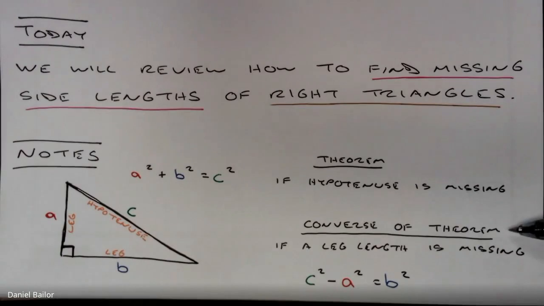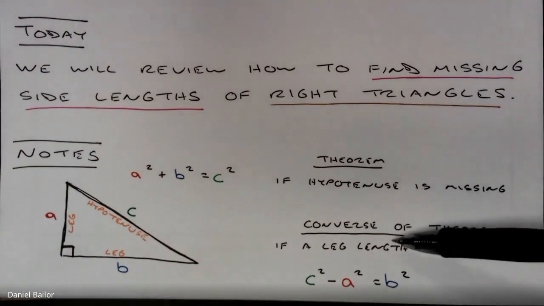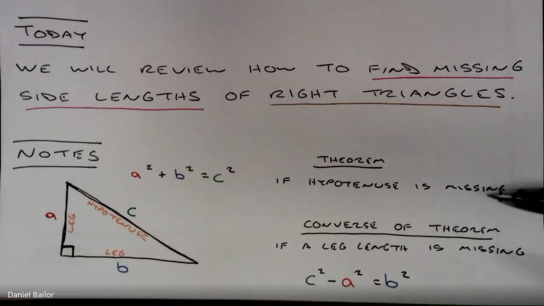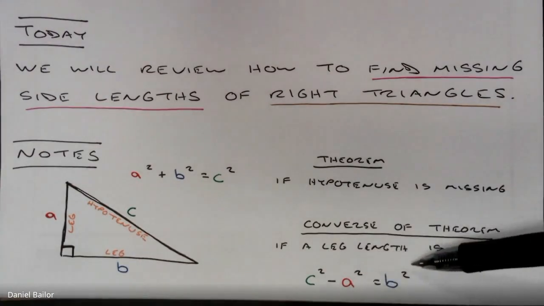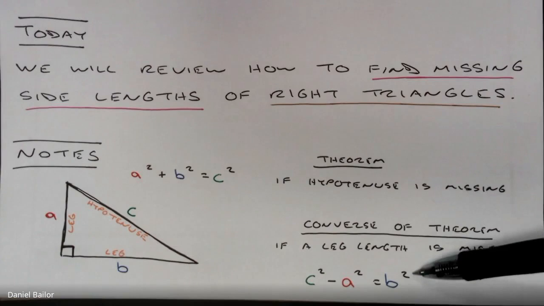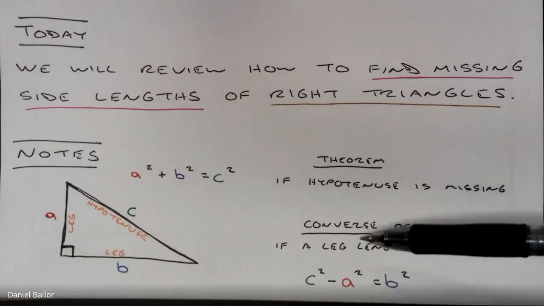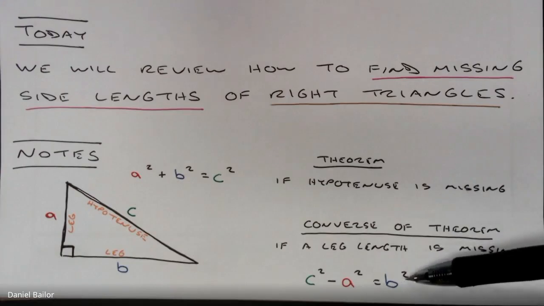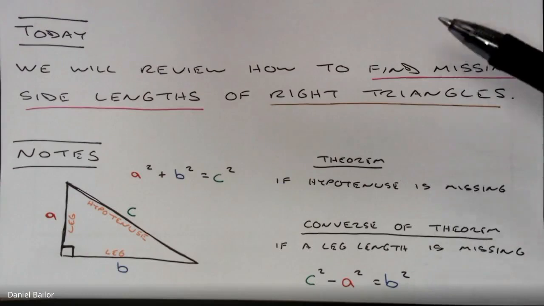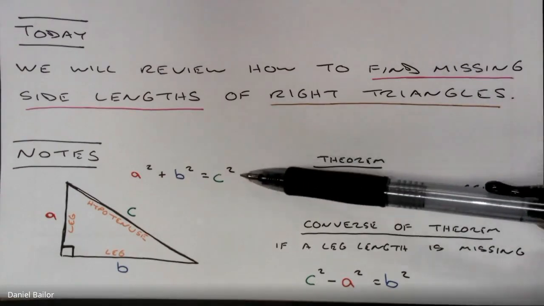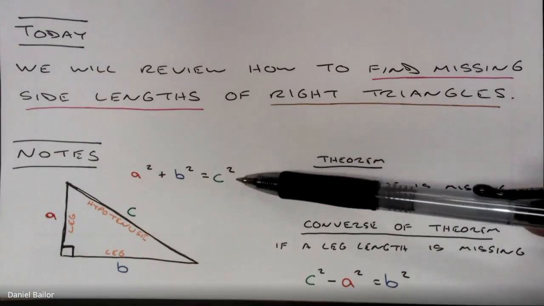The converse of the theorem, remember our vocabulary word, the converse, if a leg length is missing, I use this version of the theorem. It's the same thing. I just use the subtraction property of equality to isolate the missing leg term. So in the regular theorem, the hypotenuse is isolated.